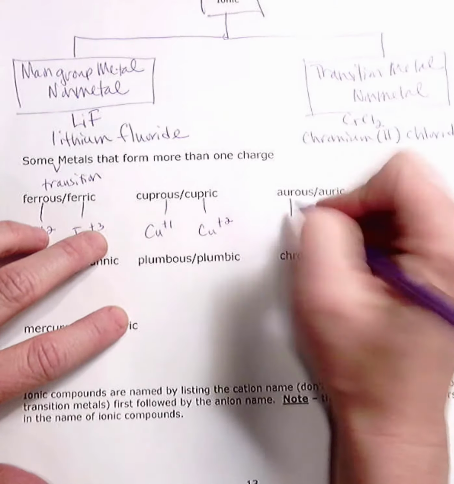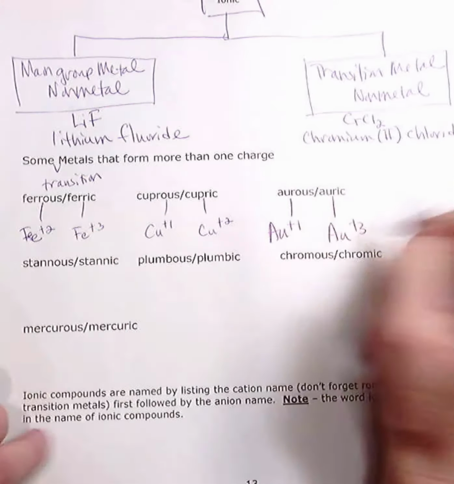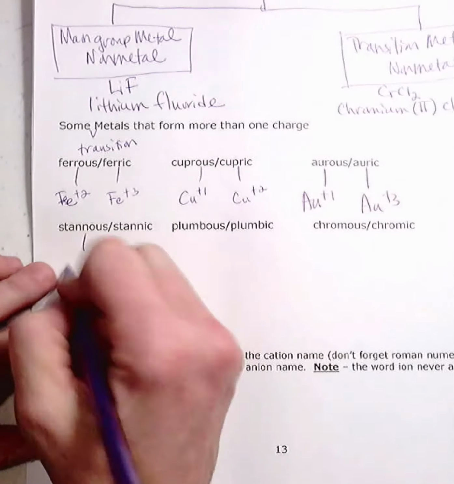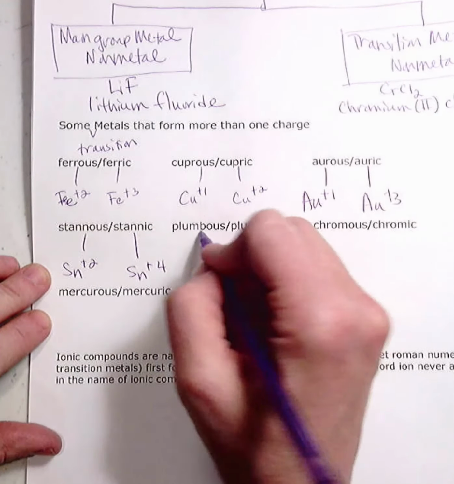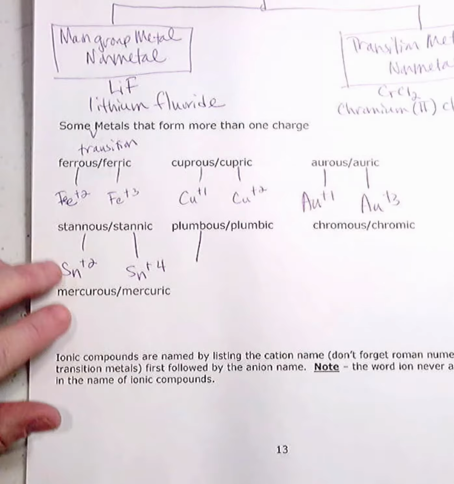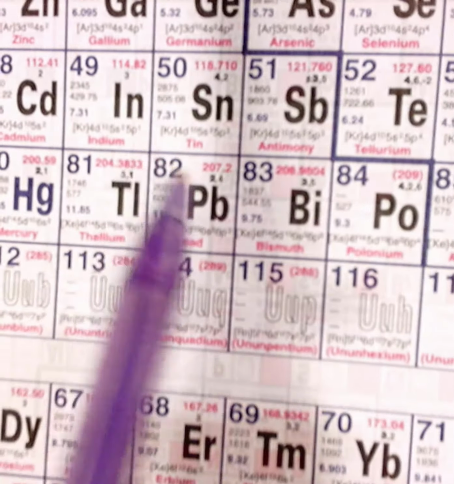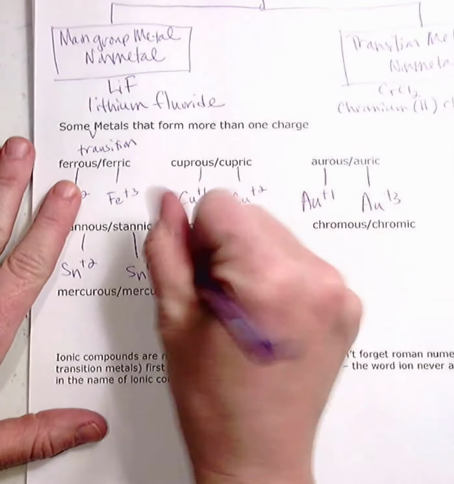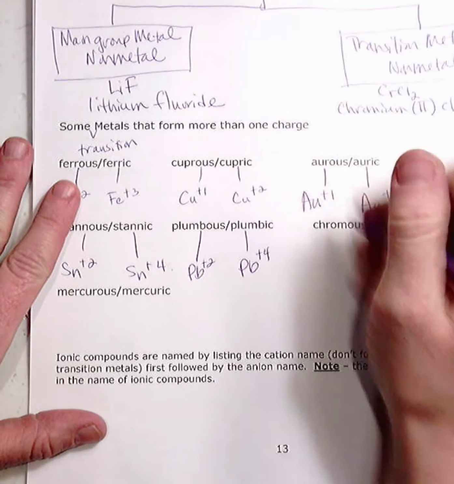Aurous is going to be Au +1, auric, Au +3. Stannous is going to be Sn +2, stannic, Sn +4. Plumbous, this is lead, Pb. Where are you, Pb? Oh, your atomic number 82. So +2, +4. So Pb +2, Pb +4.